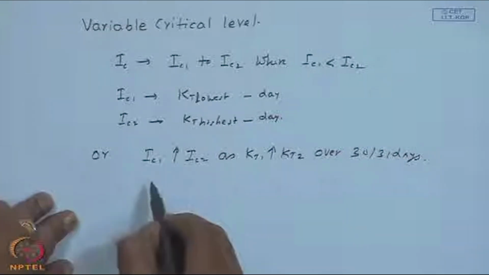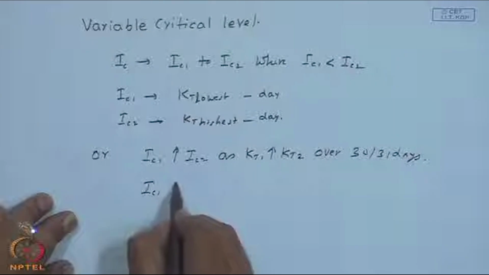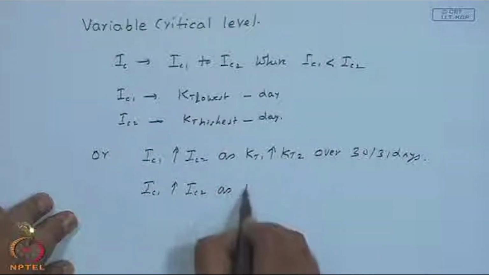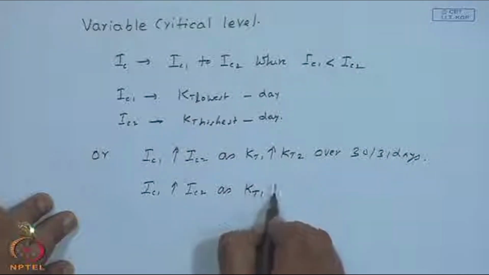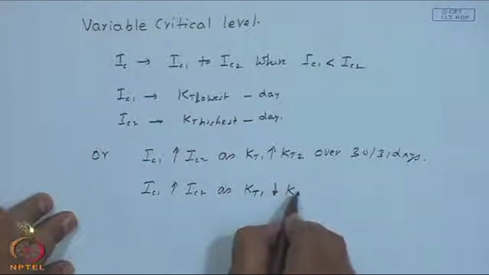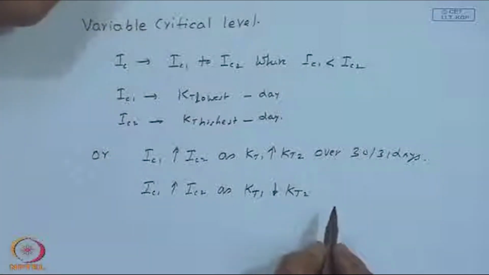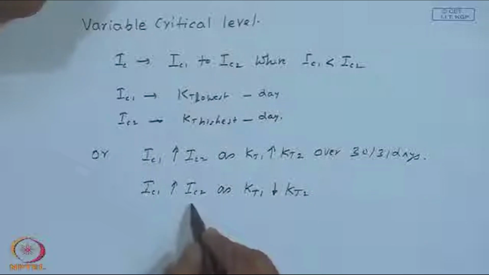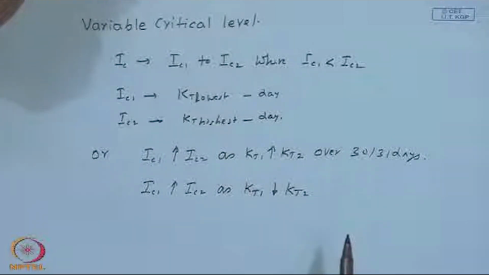The other extreme scenario is IC1 increasing to IC2 as KT1 decreases to KT2. So, in other words, the highest critical level occurs at the lowest clearness index and the lowest critical level occurs with the highest clearness index.